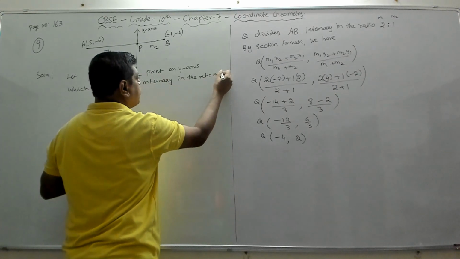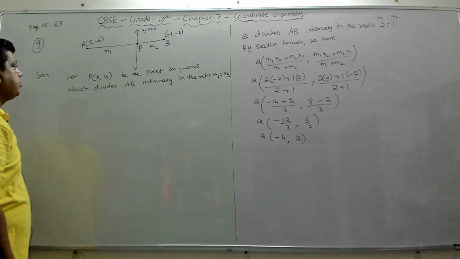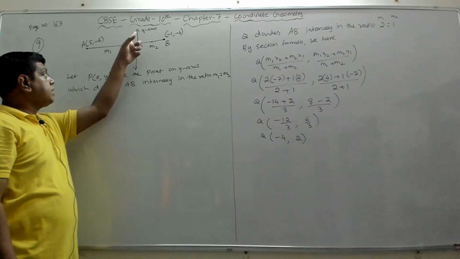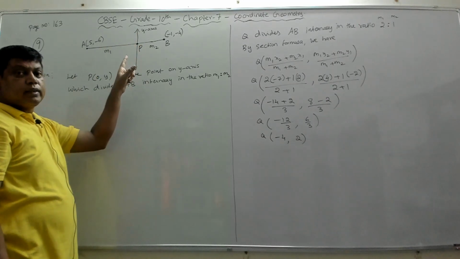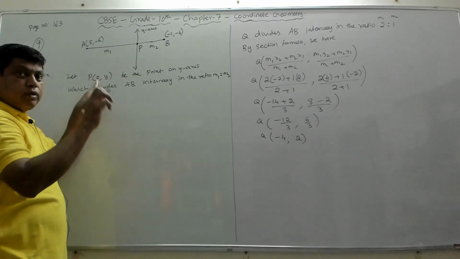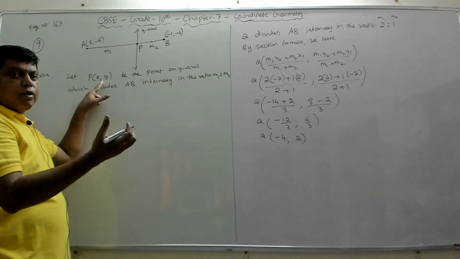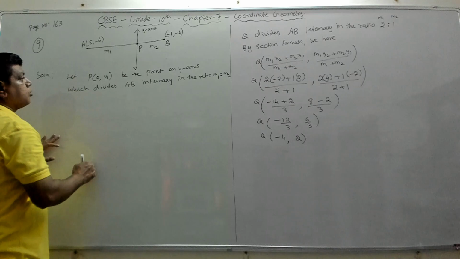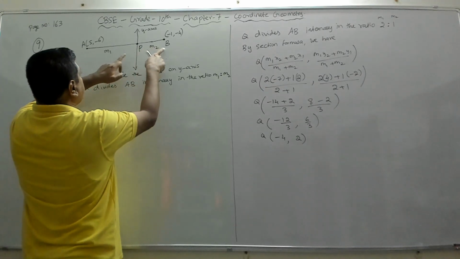Why is the point P 0 comma y? Because it lies on the y-axis. Any point on the y-axis, its x-coordinate will always be 0, and the y-coordinate is something which we don't know, so we are calling it y. Right? So the ratio in which it divides is M1 is to M2.